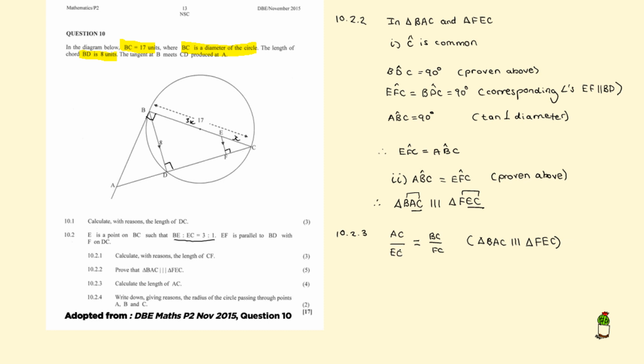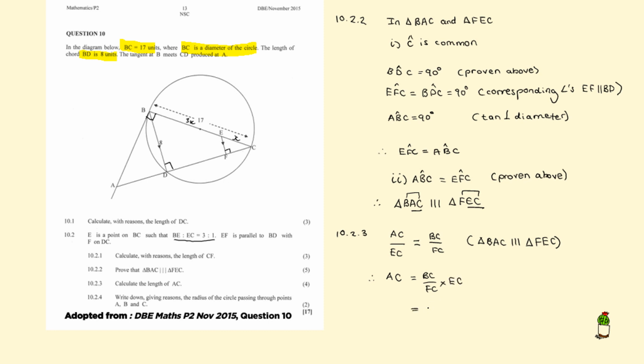EC, do we know that? Yes, we do. We calculated it before. BC, we do know. FC is over here. FC is exactly the same as CF. So yes, we calculated that in the previous question. We have all of these in terms of length, so we're just going to substitute, nothing difficult. Therefore, AC is equal to BC over FC times EC.